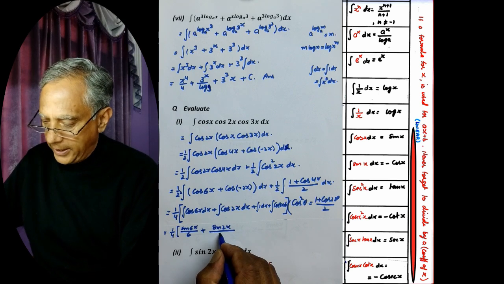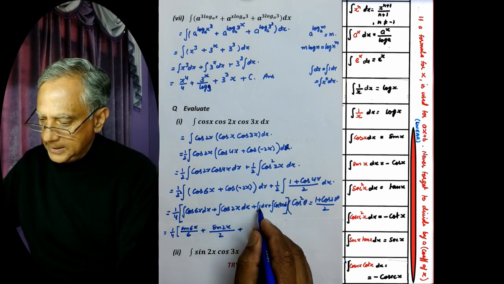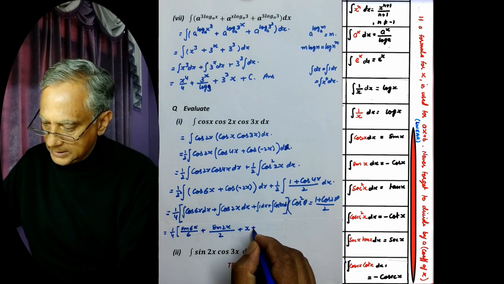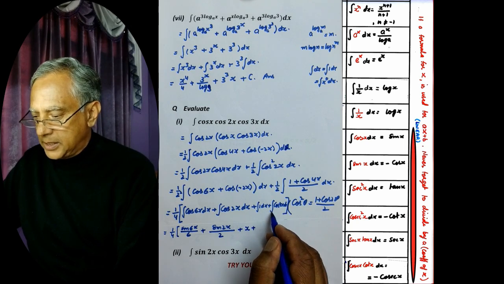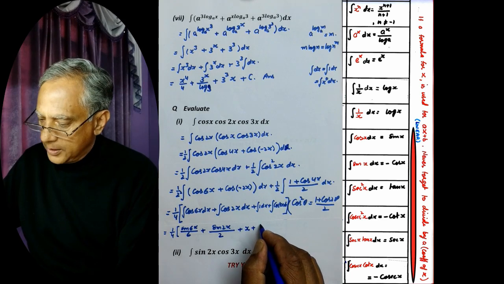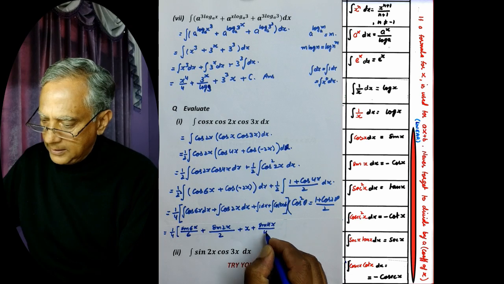So we must divide by 2, coefficient of x, plus integration of 1 is x, plus integration of cos x is sin x. And since we are integrating cos 4x, so we must divide by 4. So we will have sin 4x by 4.